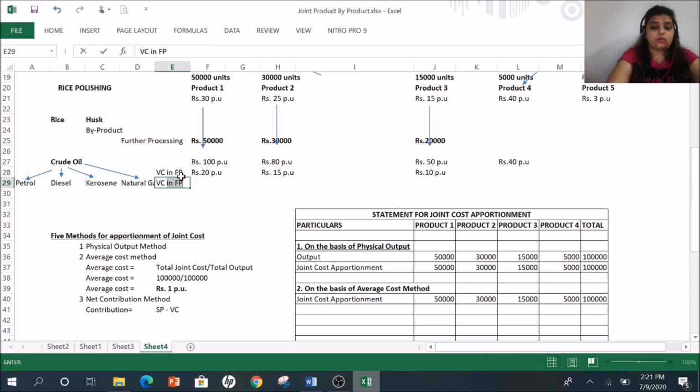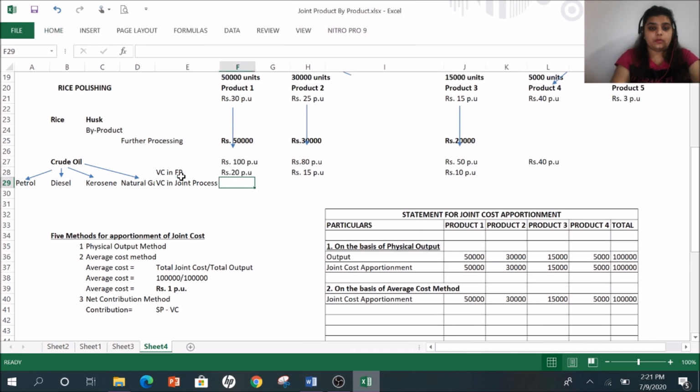Whereas the variable cost in joint process is rupees 5 per unit. Now this variable cost in joint process will be the same for everyone, because it is a per unit cost. This is in the joint process, so product 4 will also have to bear this cost.